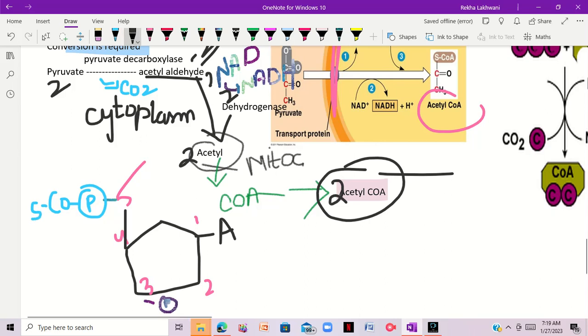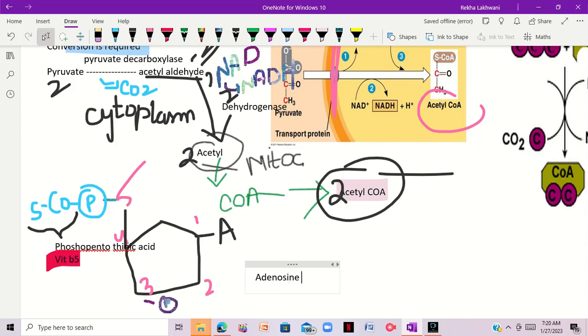Basically this coenzyme A contains pantothenic acid, also known as vitamin B5, and this part is known as adenosine 3',5'-bisphosphate.